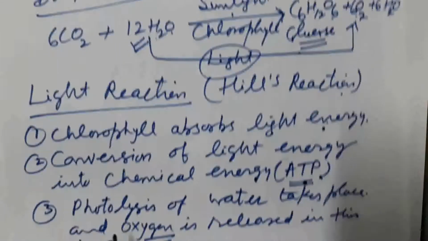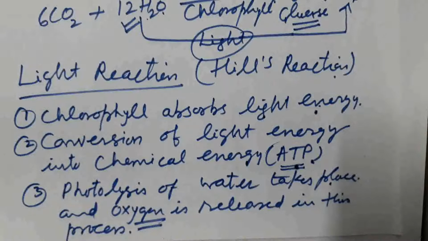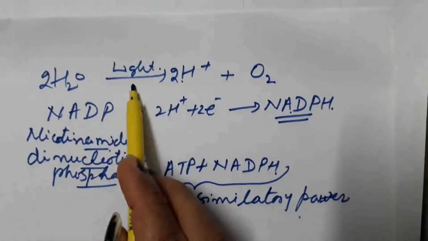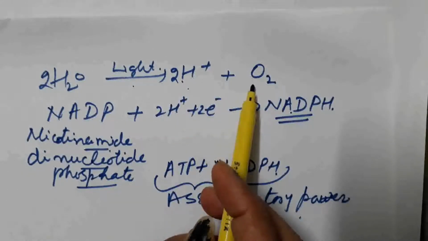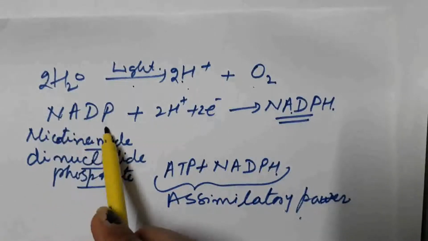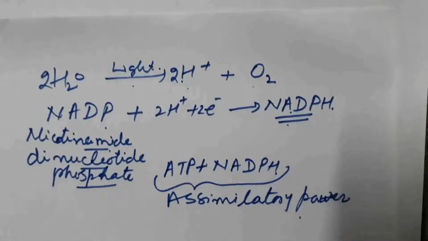Another step is photolysis of water, and oxygen is released in this process. How does it take place? Water in presence of sunlight breaks down into hydrogen ion and oxygen is released. This hydrogen ion is taken up by the NADP and the reduced form, NADPH, is produced.